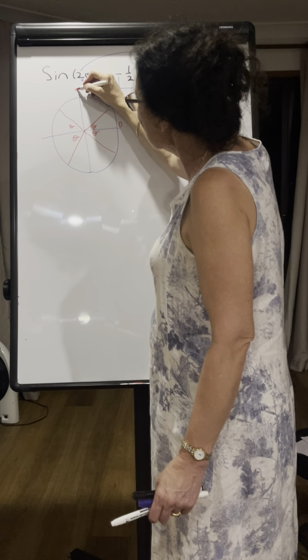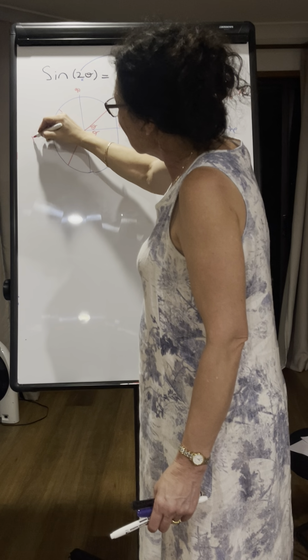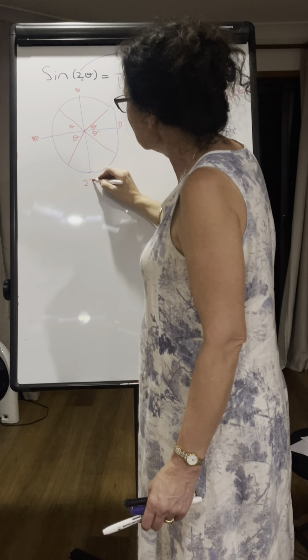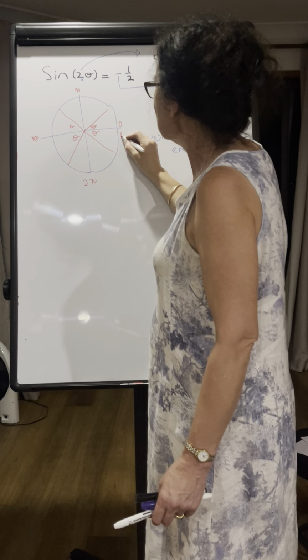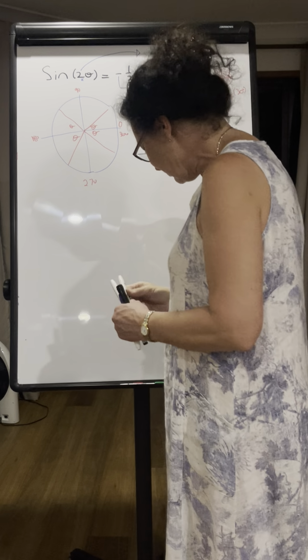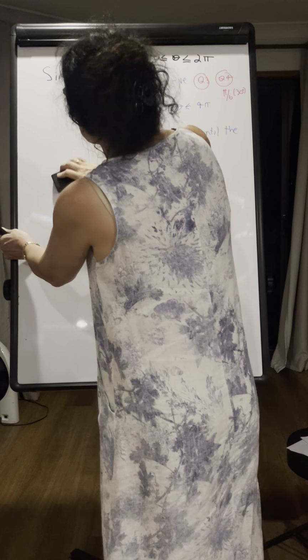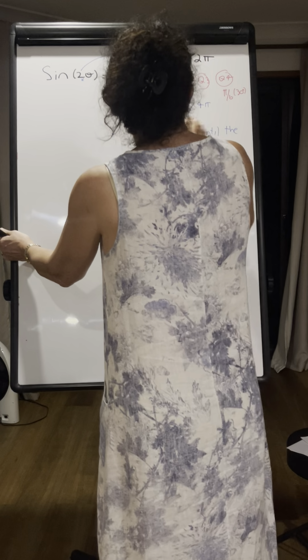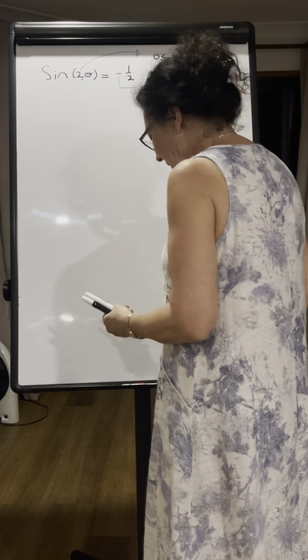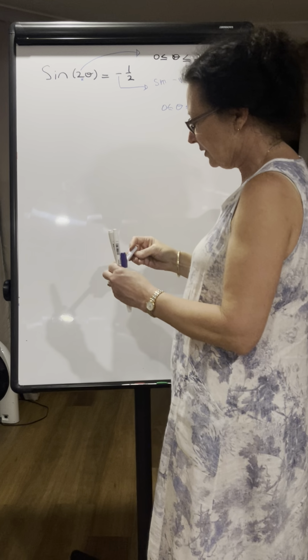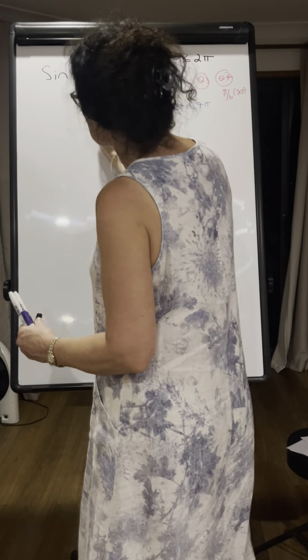So 0, 90, 180, 270, 360. Now I might draw this really big actually, so we can have a really good look at it, because I think it's very important we really understand this.